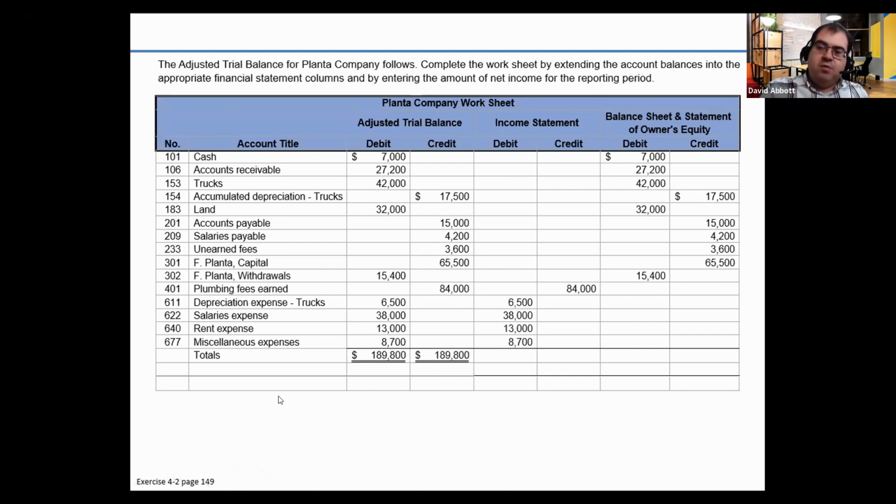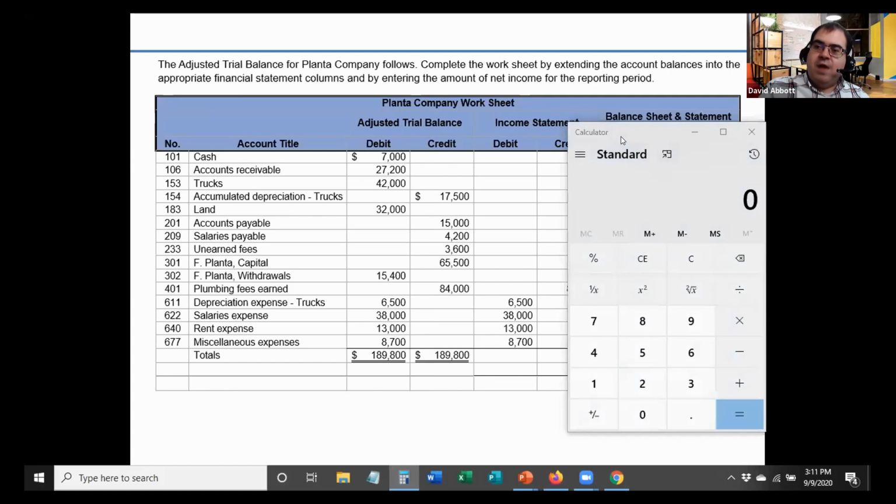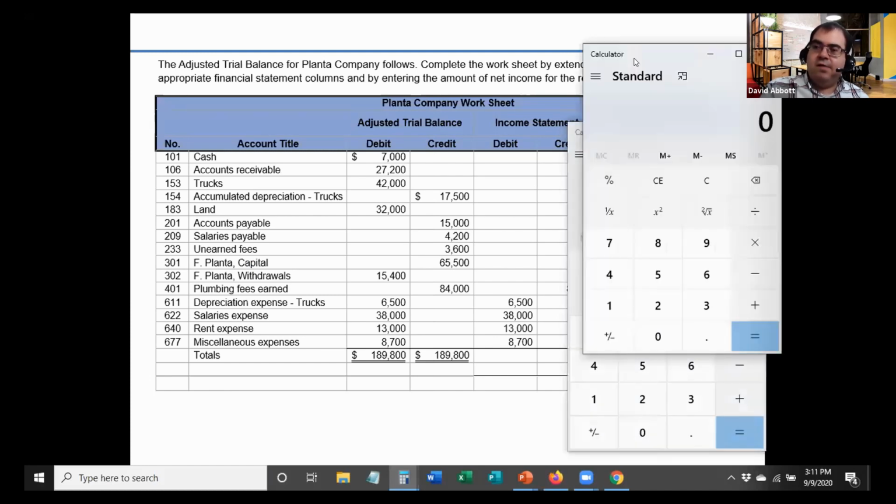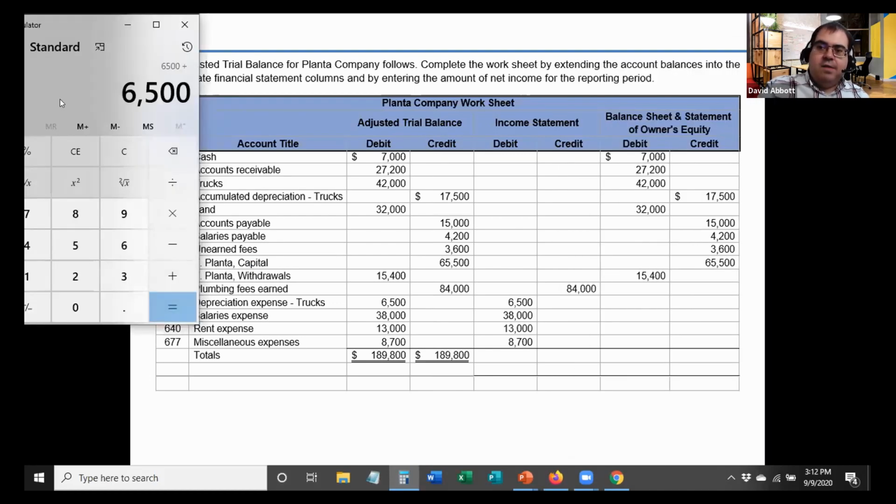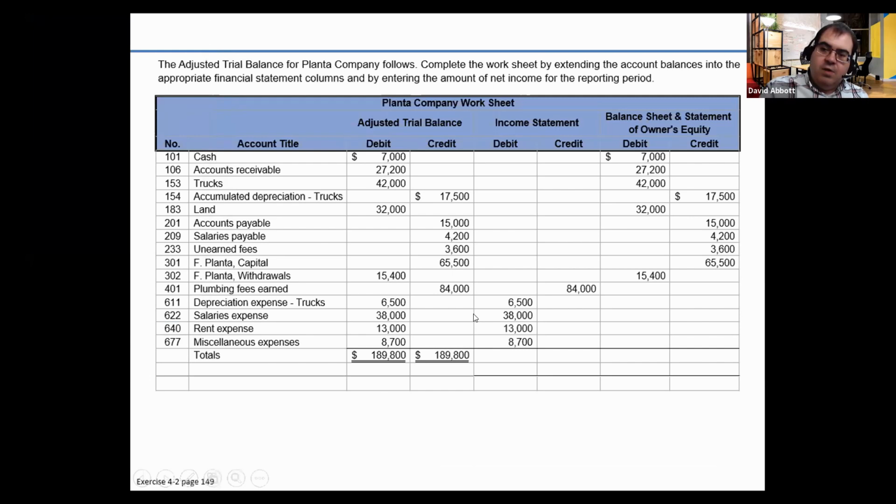So now what we have to do is add these up in order to figure out what our net income is. So if we take all of the expenses plus 3,800, or 38,000, excuse me, we have expenses in the amount of 66,200. And then we have income in the amount of 84,000.